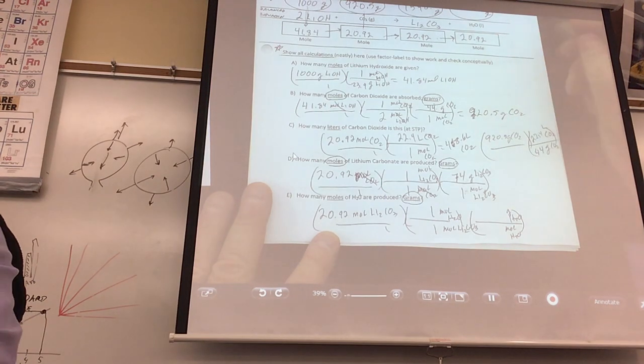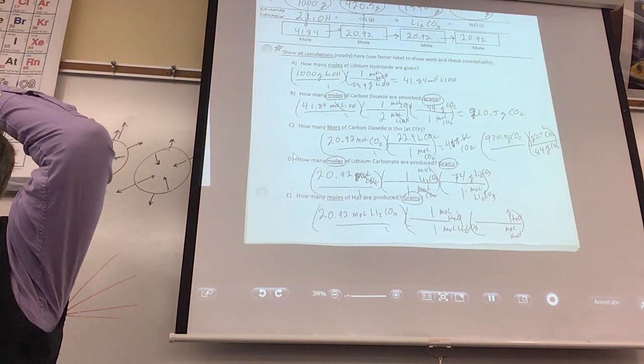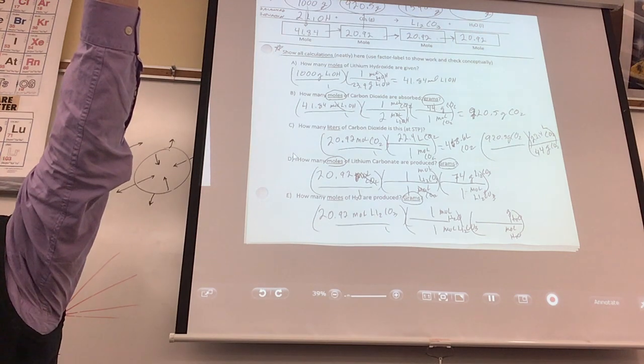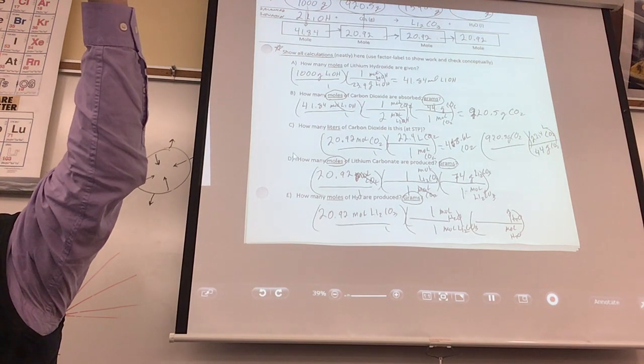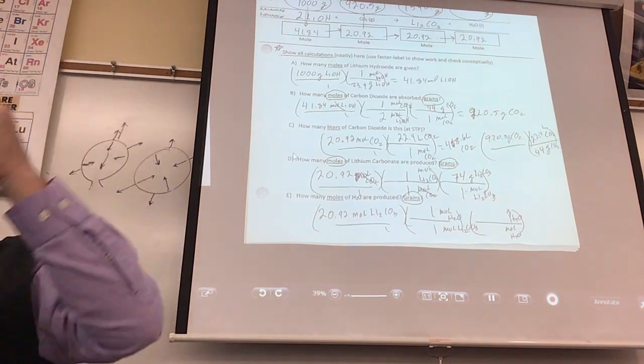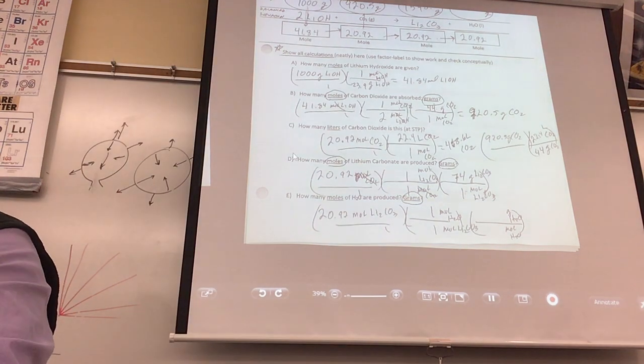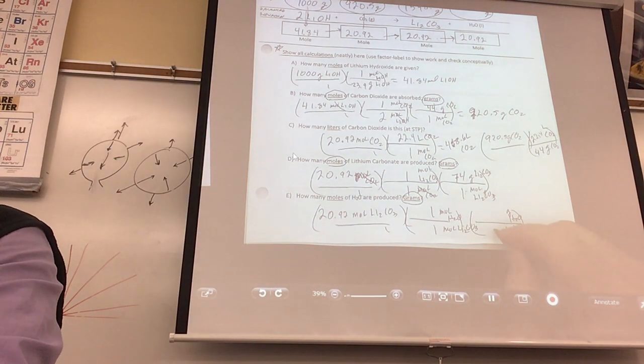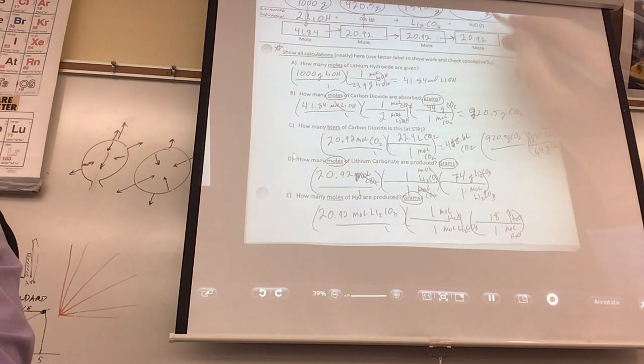Can you tell me the equivalents in your head? 1 mole of water is what? 18 grams, all right? And we're not using the 6.02 today, right? Okay, so 1 mole of water is 18 grams. There we go. One more calculation, and we'll see what's going on. Zach, do you have that one? So 20.92 times 18.